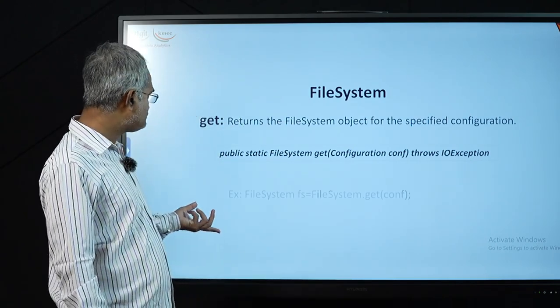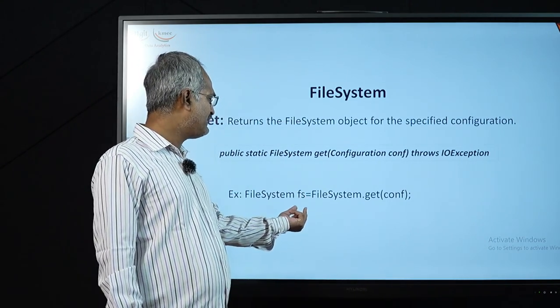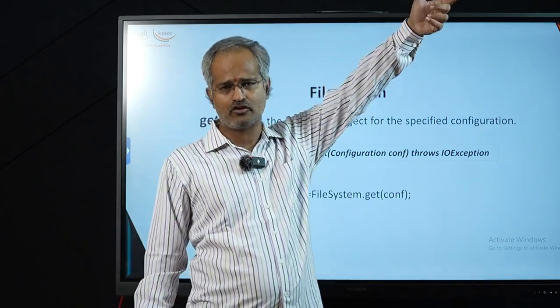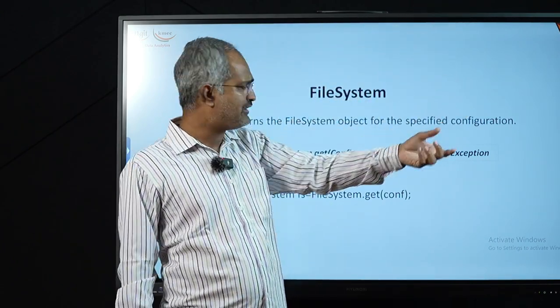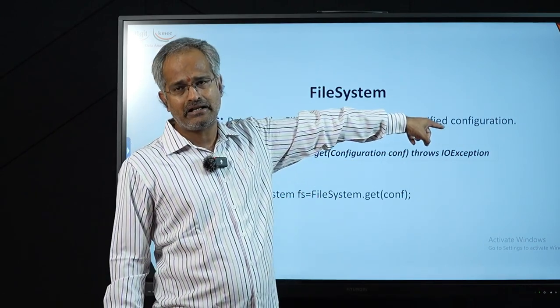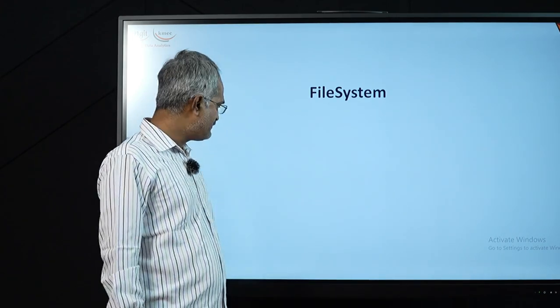So see here, we are creating the FileSystem object: fs equal to FileSystem.get(conf). Already we created the configuration object. This FileSystem object will be connected to the created configuration, and then we can retrieve the data from that.